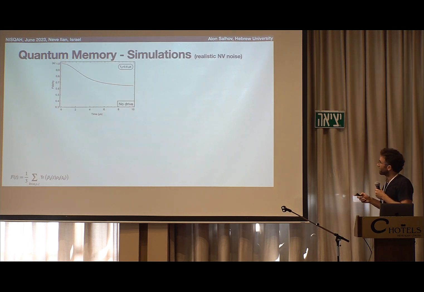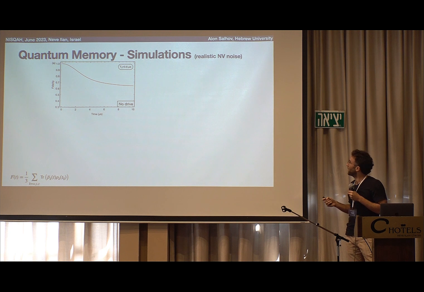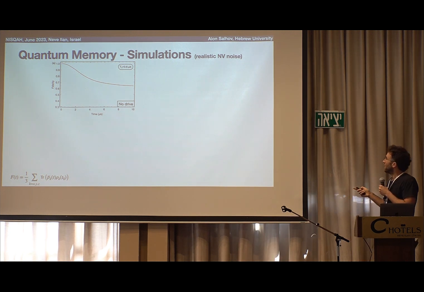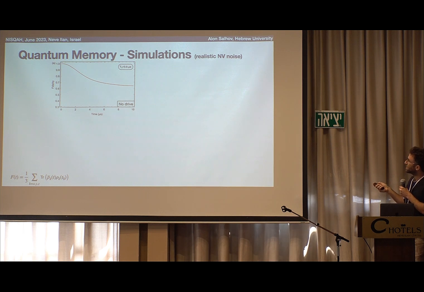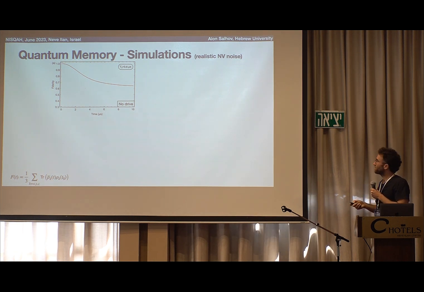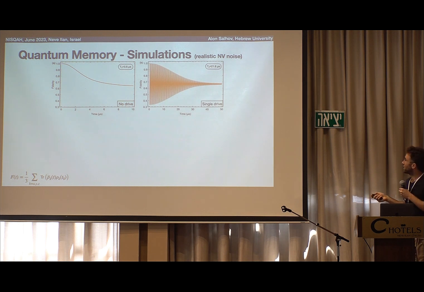All right? So first, a simulation of quantum memory. To retrace the logic I just described: in the absence of control, we have a coherence time of about 4 microseconds, which is just typical NV noise parameters. We introduce the first driving field, and we get a coherence time of about 20 microseconds. Introduce the second one.